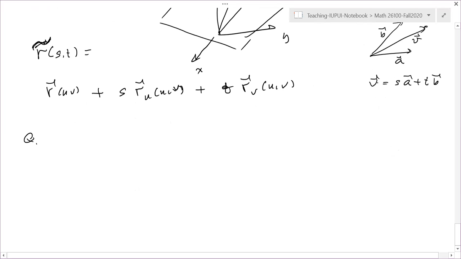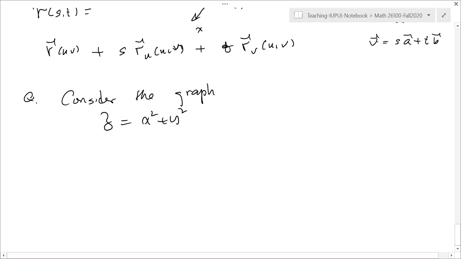We consider the graph z equals x squared plus y squared. You are very familiar with this graph. Find the tangent plane at the point (1, 2).